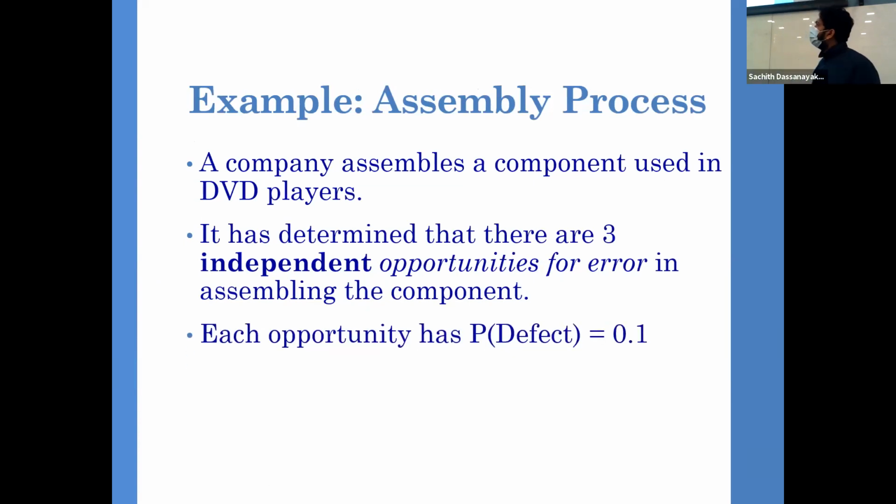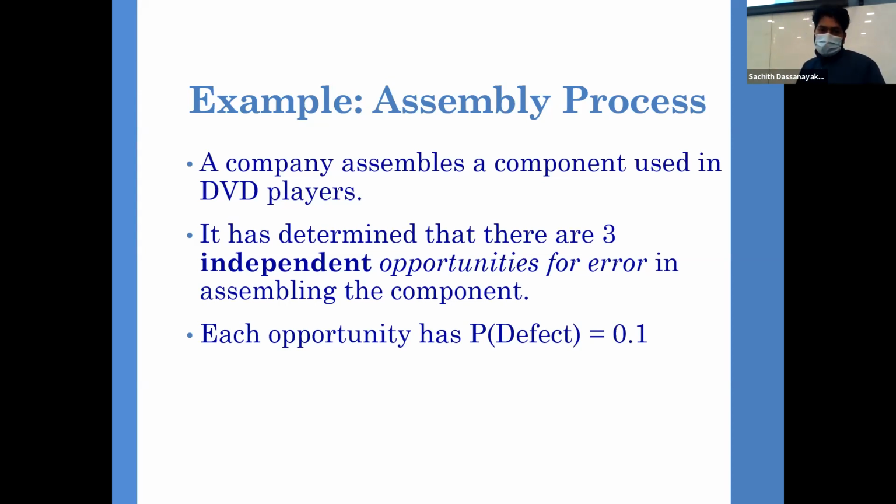Just check this example, because based on this example there are a few other examples in later slides. We have 3 independent opportunities to check whether the CD is defective or not.